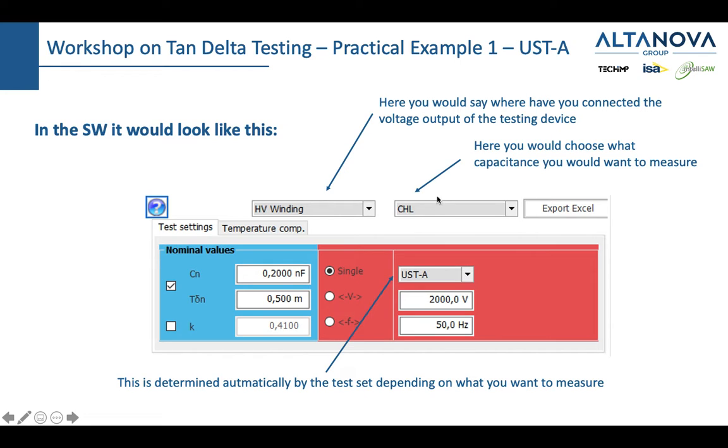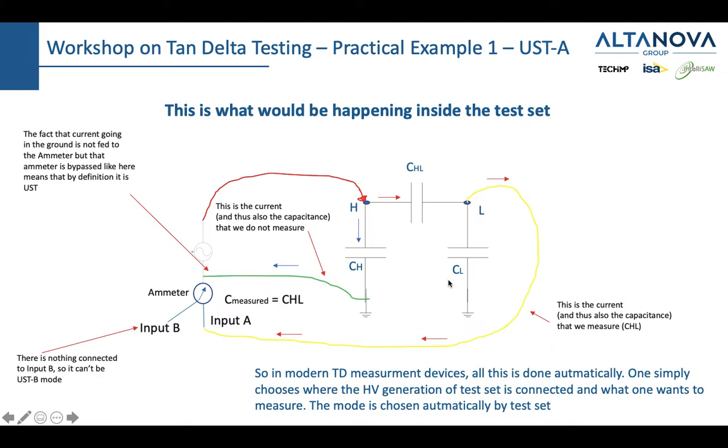We also need to say what we want to measure, and here we chose CHL, and the system automatically chose UST A. So if we want to measure CHL, when I connect the high voltage generation of my device to the high voltage winding, the system will automatically choose UST A. And this is what actually happens inside of the test set.